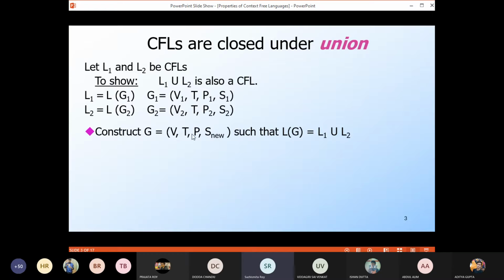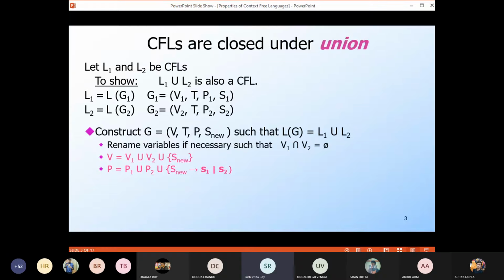P and S are all going to be newly created, and you know that if we can fill up this 4-tuple, then our grammar is completely specified. Basically, you have to specify the set of productions, because the productions will be using the terminals and the variables, and also indicate which is the start symbol. Usually it is the first production. Okay, the first production is for the start symbol. If you know that, then it is enough. You know the entire grammar.